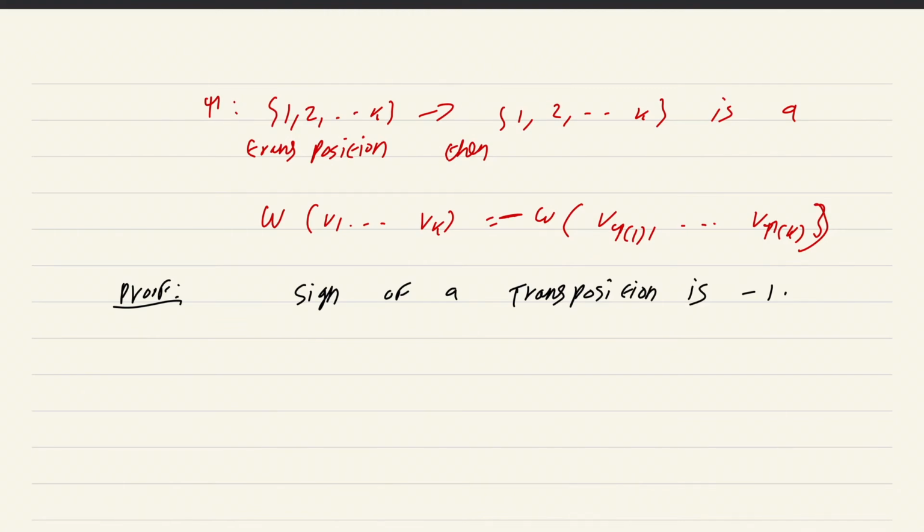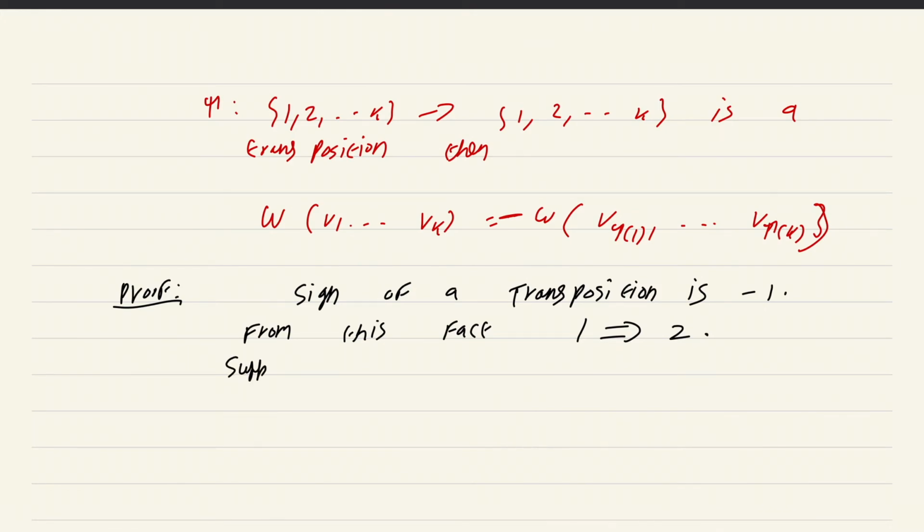So from this fact, 1 implies 2, because if you have two vectors in v1 to vk to be the same, just consider the transposition that interchanges these two vectors, then you should get back the same value. But the fact that 1 says omega is alternating will introduce a negative sign. This will be possible only if omega of v1 to vk is 0. Okay, so suppose 2 is satisfied.